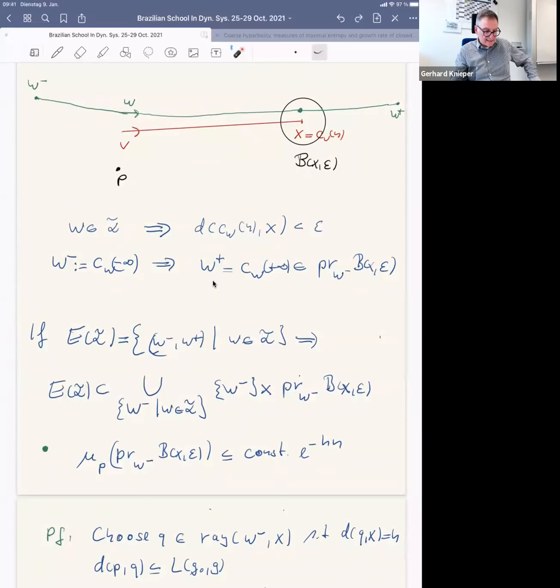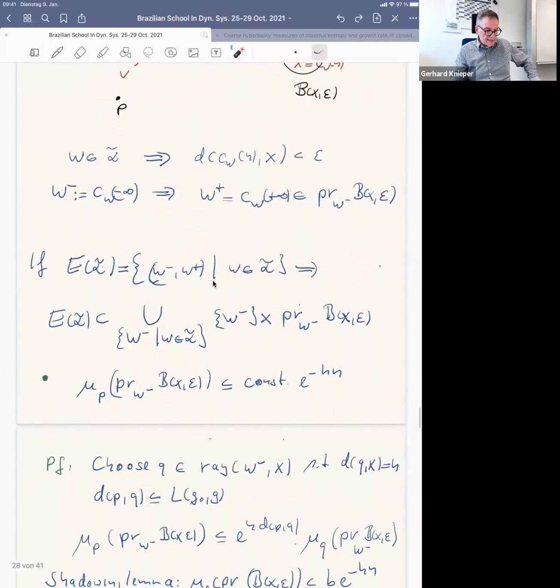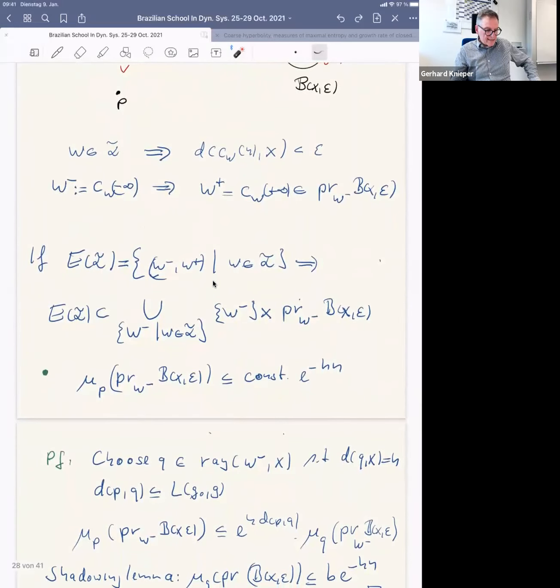But nevertheless, the first thing is that you get that the Patterson-Sullivan measure of this projected Z, whatever w you take, is smaller than a constant times e to the minus hn. And this, I will explain, is a consequence of the shadowing lemma. And how is this a consequence of the shadowing lemma?